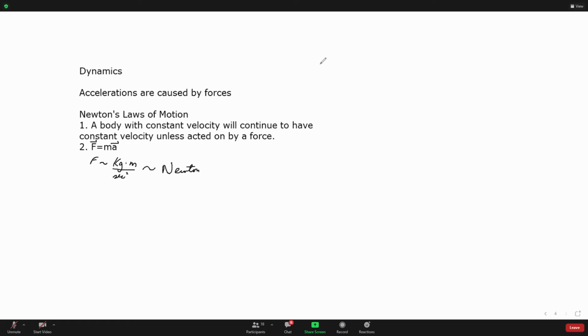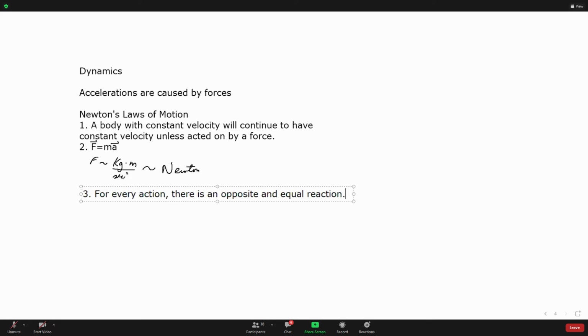Now the third law sometimes causes confusion for the students. The third law says for every action, and action is an old-fashioned word for force, there is an opposite and equal reaction.